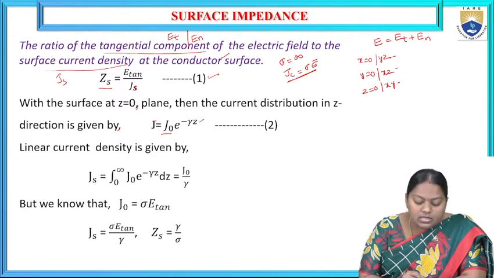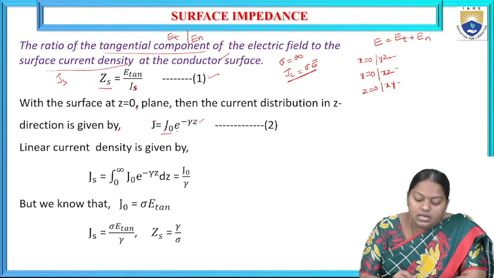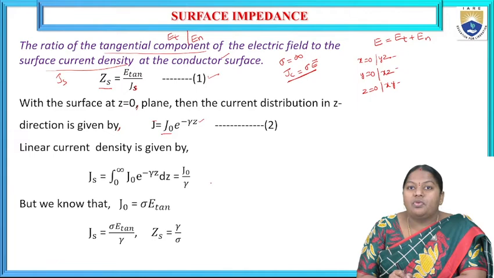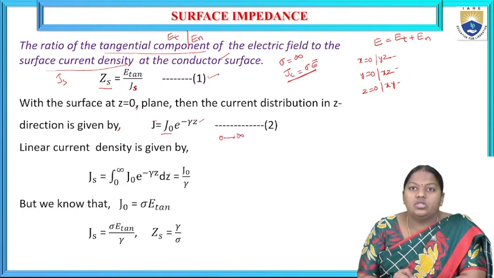Why have we considered the limits as 0 to infinity? Because we are considering J equal to J naught into e power minus gamma z, the forward direction wave propagation term. Forward direction means the field is ranging from 0 to infinite region.